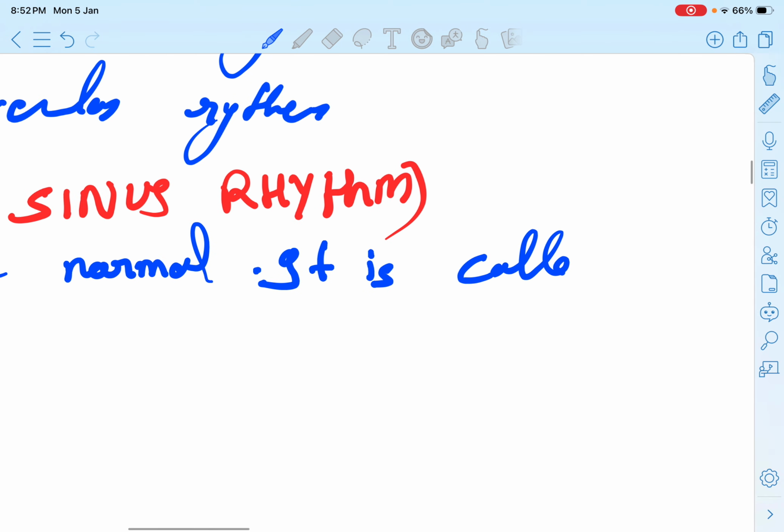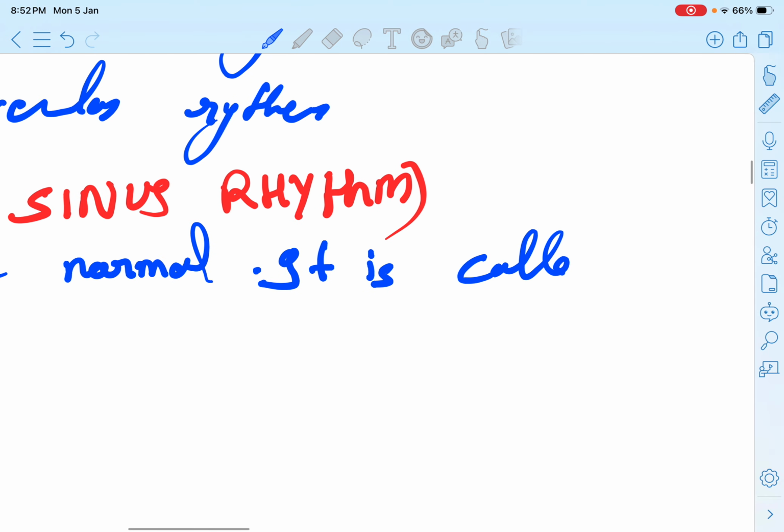I am already putting some ECGs here, so don't worry, I will tell you all. I am already telling you which types of rhythm. Here you will notice how many boxes there are in each graph: 1, 2, 3, 4.